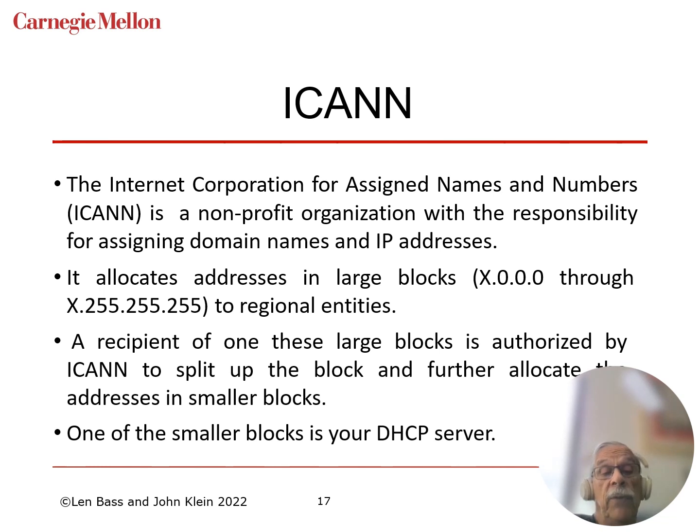So a recipient of one of these large blocks will split up the block and further allocate it, and it goes down till one of the smaller blocks is given to your DHCP server. So your DHCP server has a list of IP addresses that it can allocate.